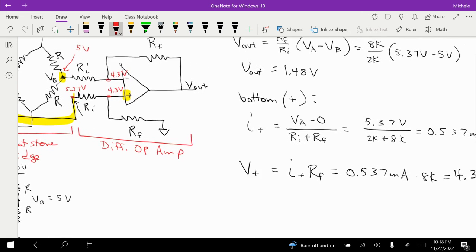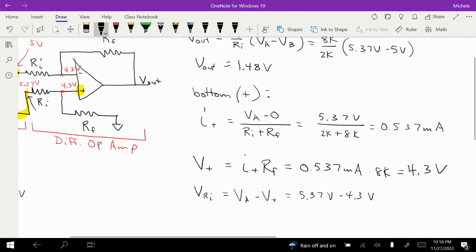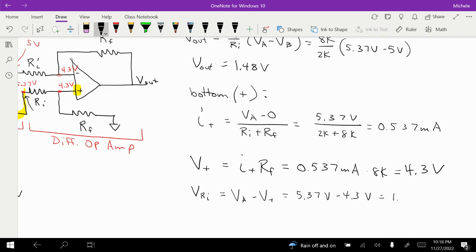And now I can also figure out my V across RI on the bottom. That's going to equal VA minus V plus, which is 5.37 volts minus 4.3 volts, or 1.07 volts.